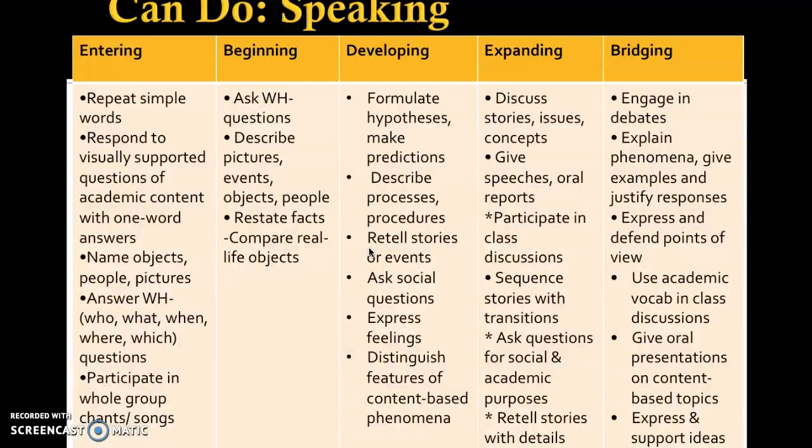And then what you are going to be using, as per usual, is the WIDA can-do descriptors. So you want to have the WIDA can-do descriptors for speaking for the grade level that you're writing your lesson plan for, so that you can do this activity.